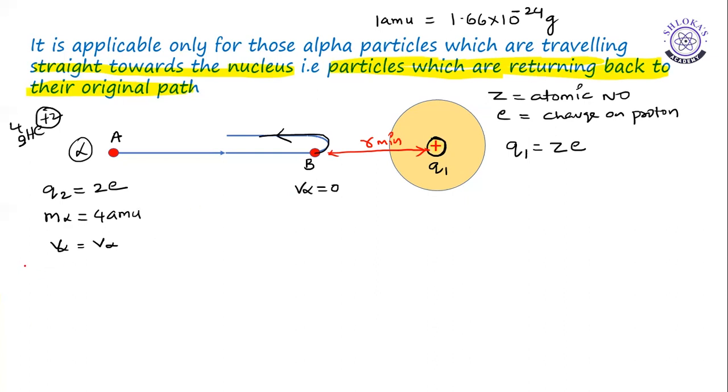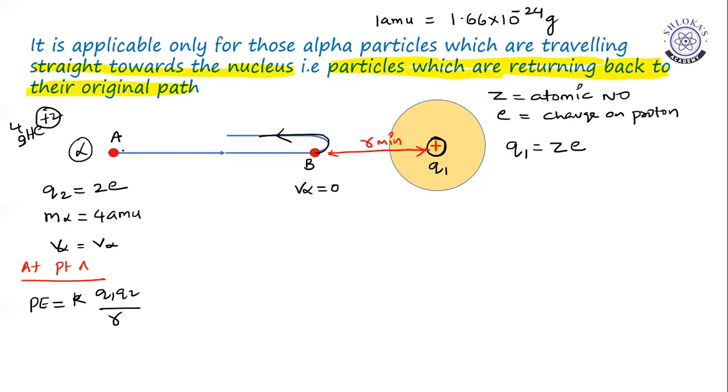At point A, what can I take for the potential energy? According to the properties of charge, if you want, you can refer back to the properties of charge notes. When Q1 and Q2 are two charges separated by a distance R, their potential energy at point A is equal to K Q1 Q2 by R. Here, what is R?